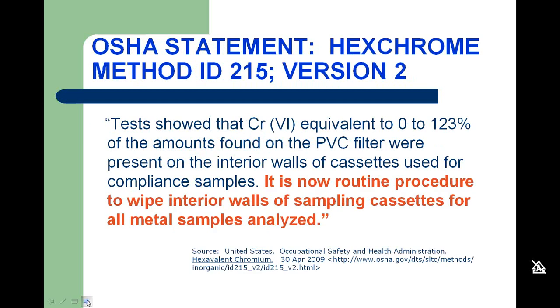In the latest version of the OSHA method for hexavalent chromium, OSHA points out that more hexchrome can sometimes be found on the side of a cassette than on the filter itself. So to address this concern, it is now a routine procedure for OSHA to not just rinse, but to also wipe the walls of the cassette for all metal samples analyzed.